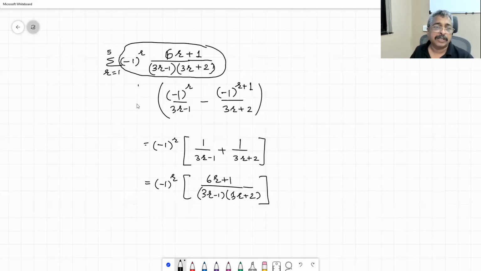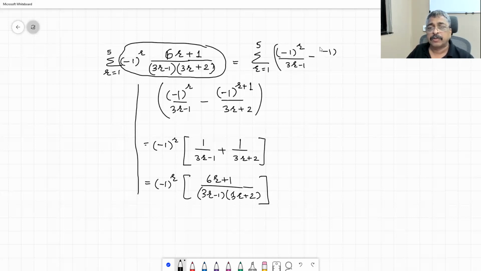So this tallies, and therefore our telescopic setup is sigma r goes from 1 to 5 of minus 1 raised to r upon 3r minus 1, minus minus 1 raised to r plus 1 upon 3r plus 2.